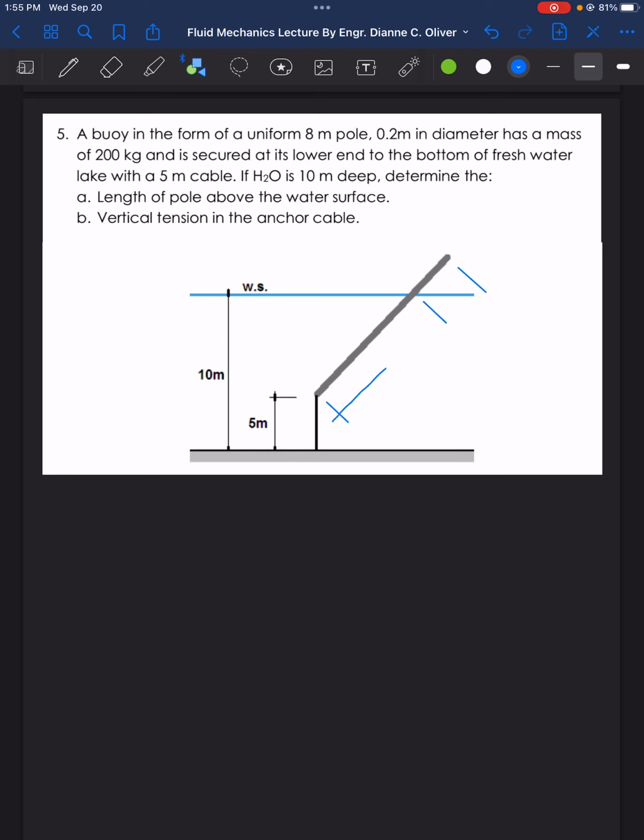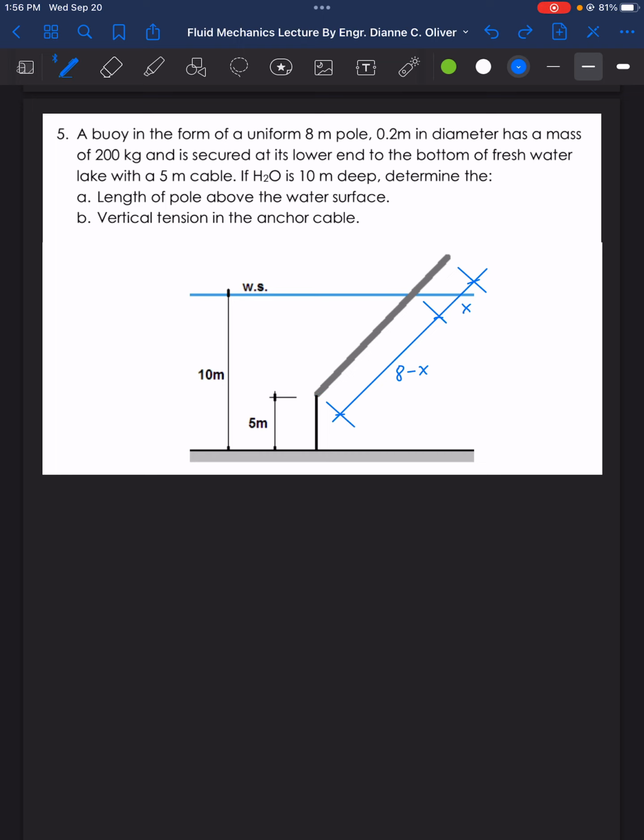So that means this is X. If this is X, then this protruding part of the pole projecting upward is 8 minus X. Right? Then it's also asking for the vertical tension in the anchor cable, the tension of this anchor cable here.